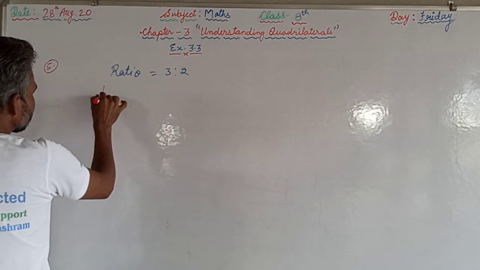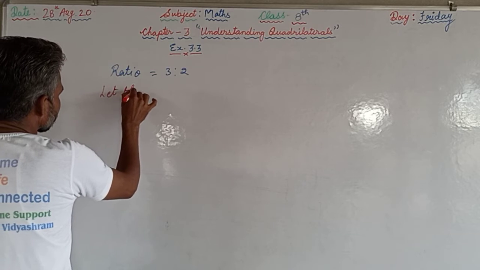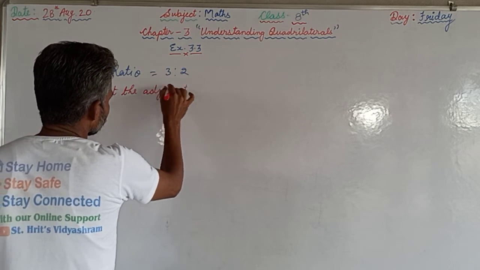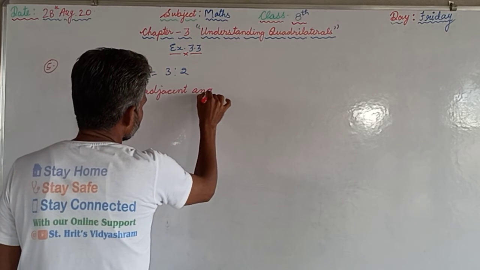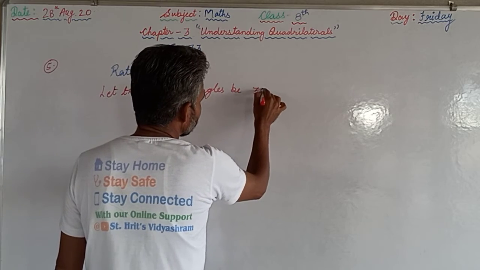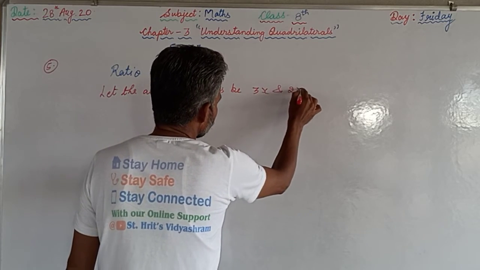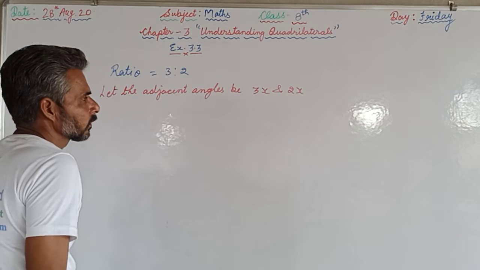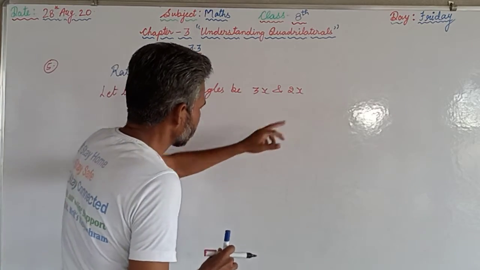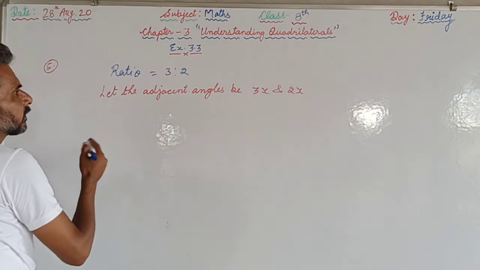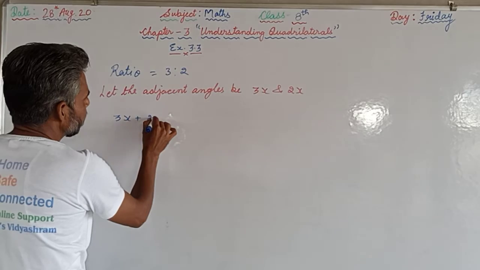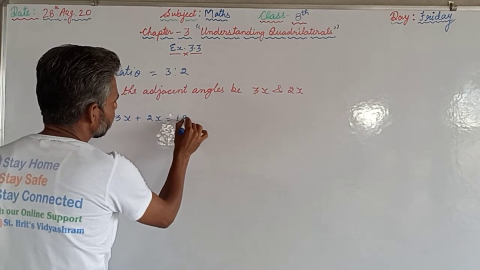Let the adjacent angles be, according to the ratio, 3x and 2x, where x is the variable here. Now as it is a parallelogram, the sum of the adjacent angles will be 180.